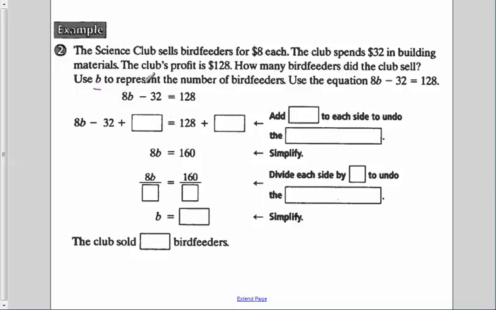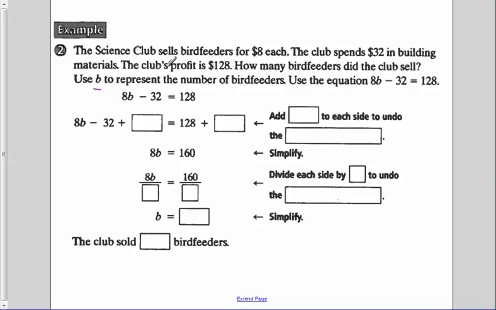So they gave us our equation, and if they didn't, we'd be looking at this saying, well, we sell bird feeders for $8, so every bird feeder we sell is $8. However, it costs us $32 in building materials. So if I sold one bird feeder, I'd have $8, but I spent all this material cost, so I have to take it away from that.